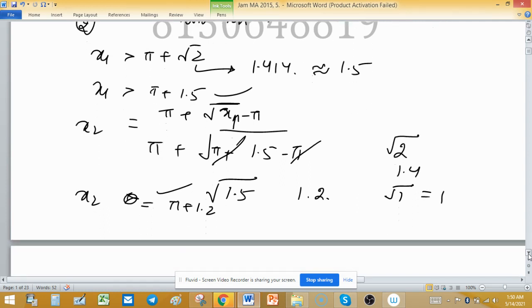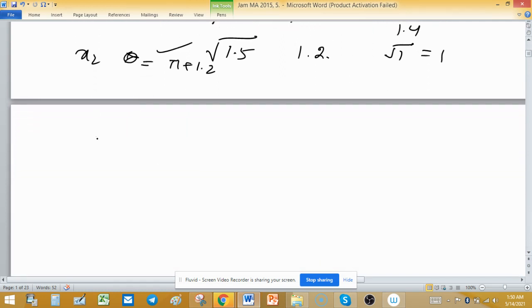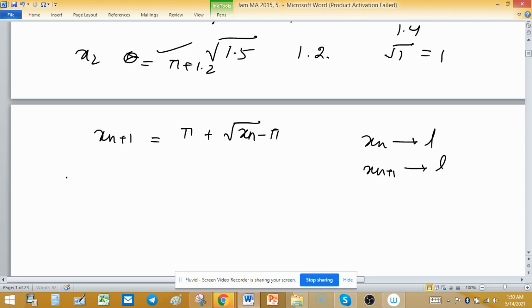But we have to find the limit of the sequence, as xn plus 1 is given as pi plus square root of xn minus pi. As I discussed earlier, if the limit of xn is L, then the limit of xn plus 1 is also L. So you take the limit on both sides.